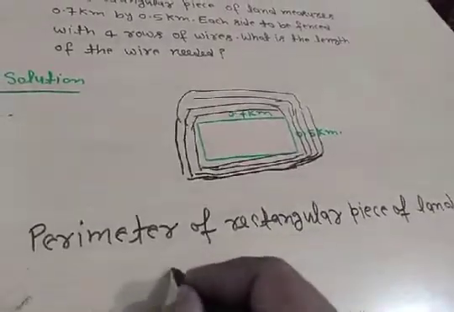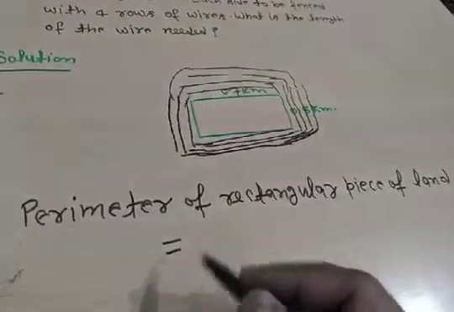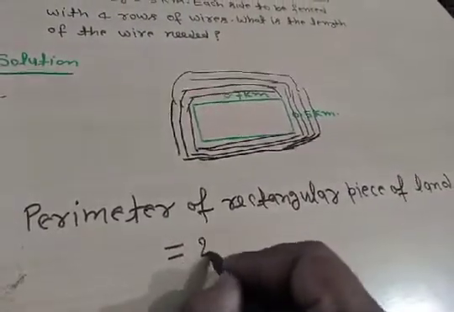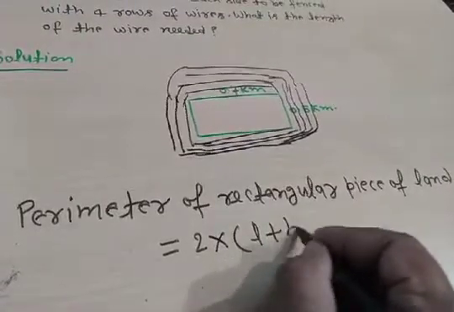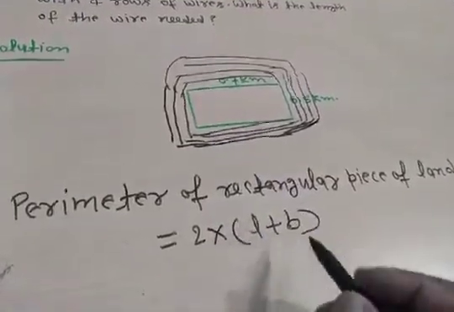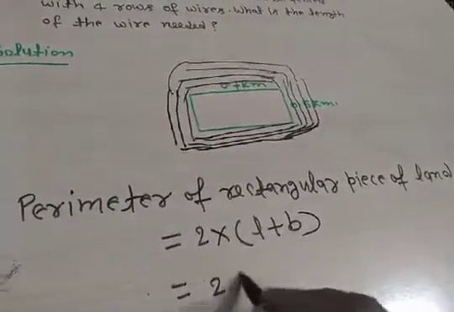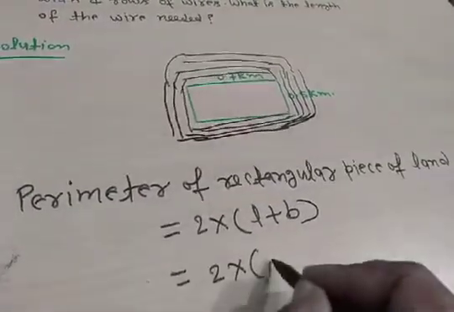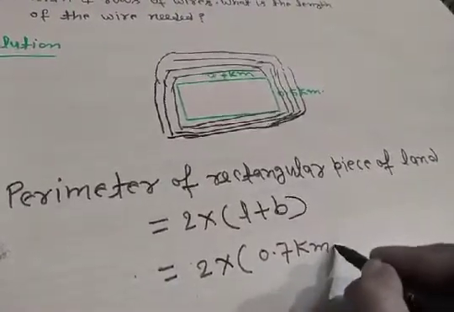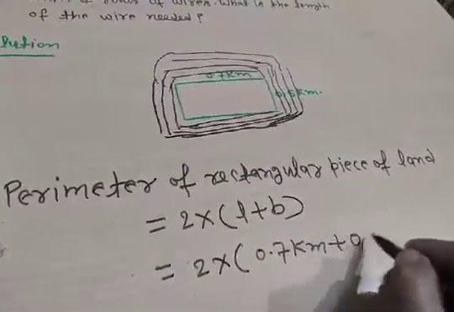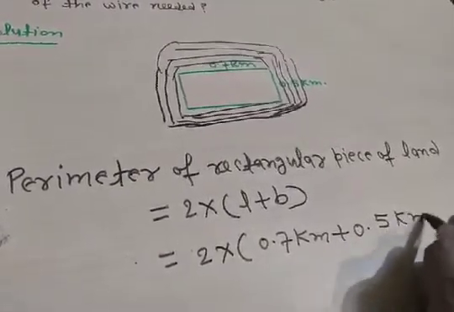The perimeter of a rectangle is 2 into length plus breadth. Clear? Here the length is given 0.7 kilometer plus the breadth is given 0.5 kilometer.